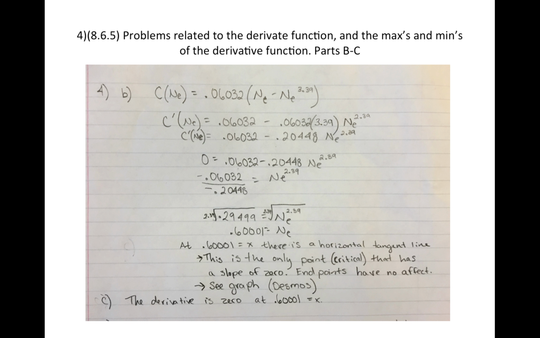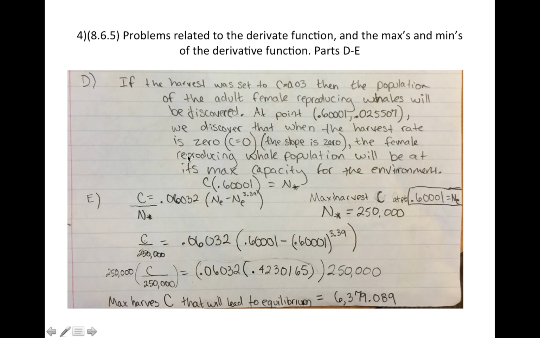And then, so the derivative of x at this graph is 0 at x equals 0.6, which correlates to the maximum possible adult female reproducing whales that will be discovered. And then we discovered that when the harvest rate is 0, the female reproducing whale population will be at its max capacity for the environment, which is outlined in this paragraph and the preceding equations.